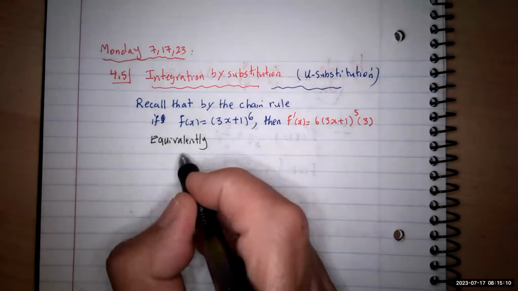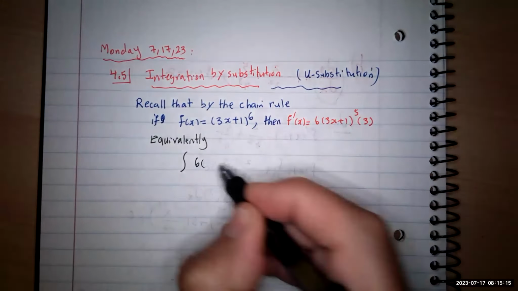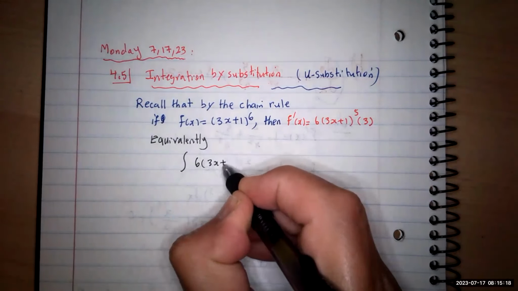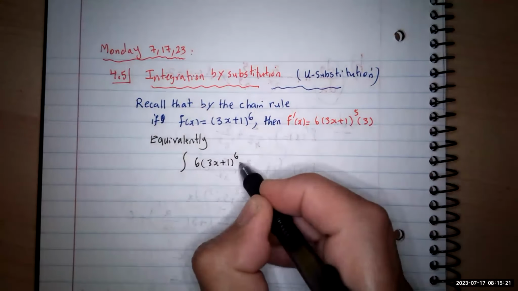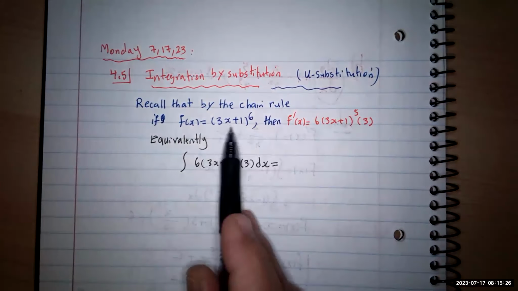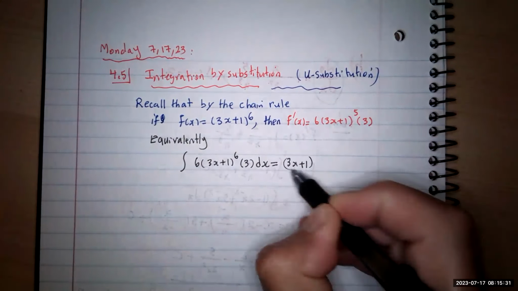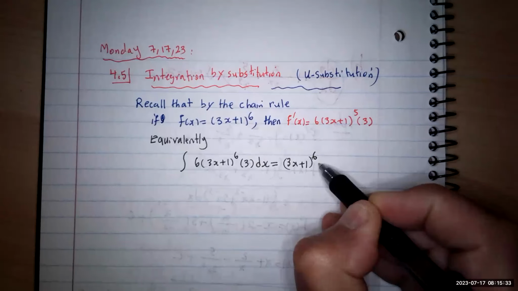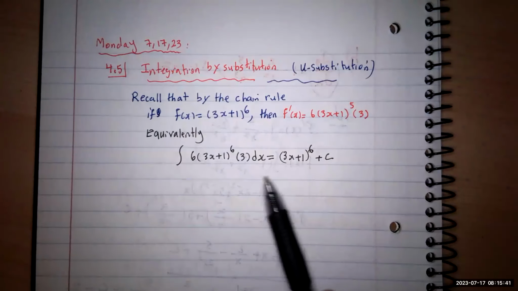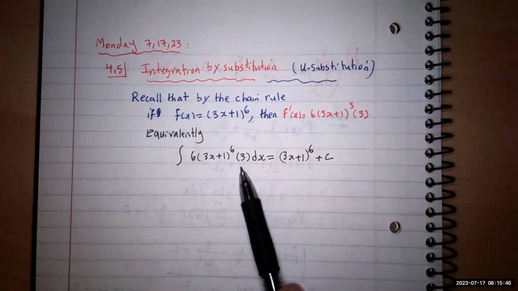So the opposite would be the integral, or antiderivative, of 6 times (3x plus 1) to the 5th times 3 dx, which must be equal to this function, (3x plus 1) to the 6, but we add the constant c to cover all the possibilities. That's all equivalent. If you want to check that this is true, you differentiate the term on the right, and you should get the term on the left.